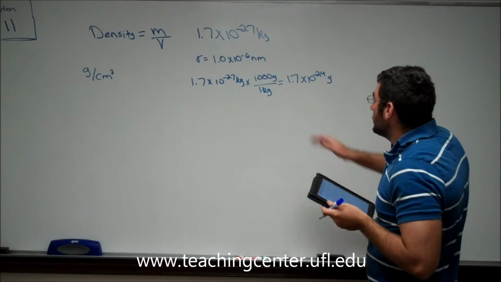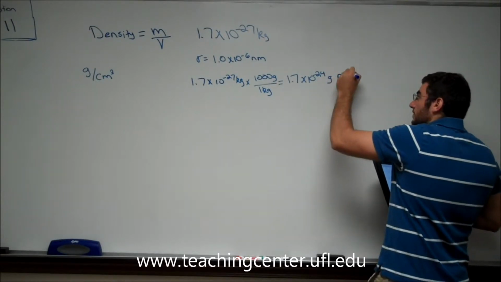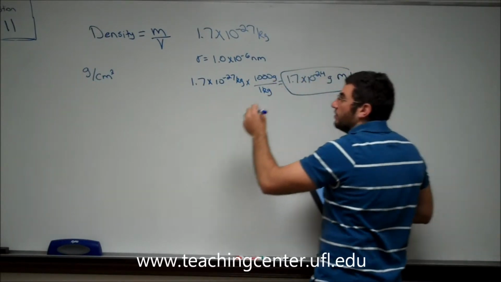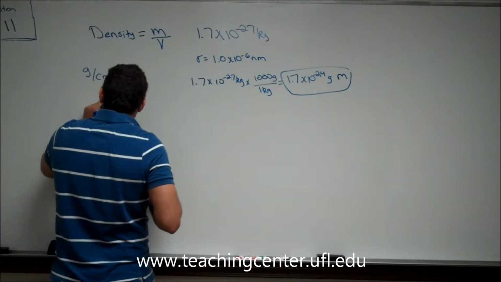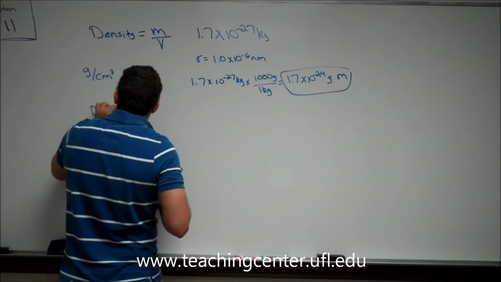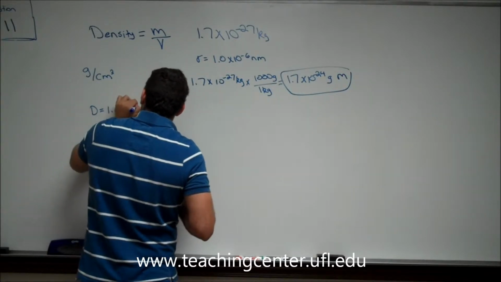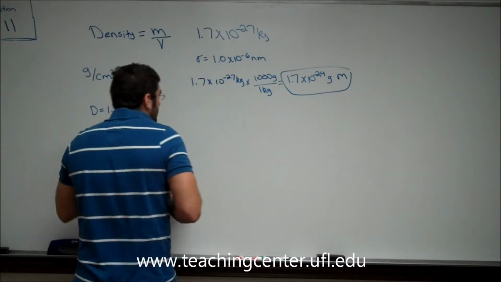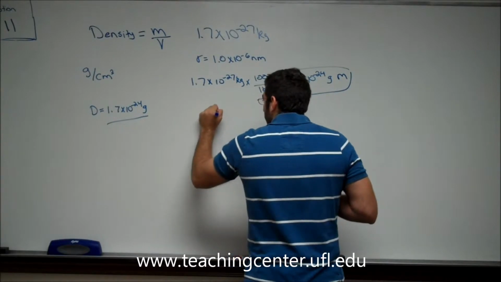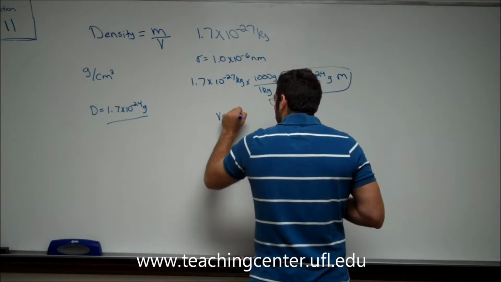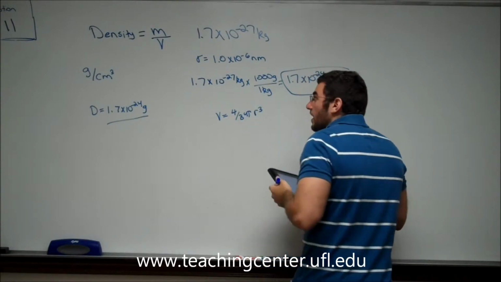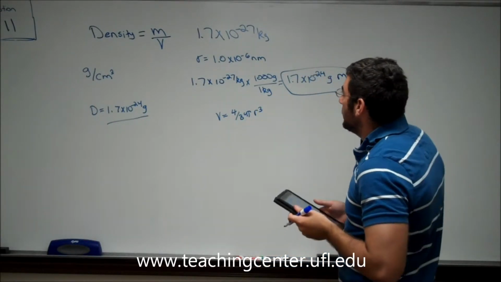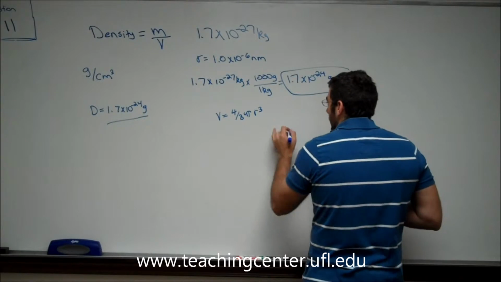So, once we have this new mass, we can plug it into our density equation and say 1.7 times 10 to the minus 24 grams, and now we have to find the volume. Well, the volume of a sphere is 4/3 pi r cubed. But we need the radius to be in centimeters, and it gives us nanometers.